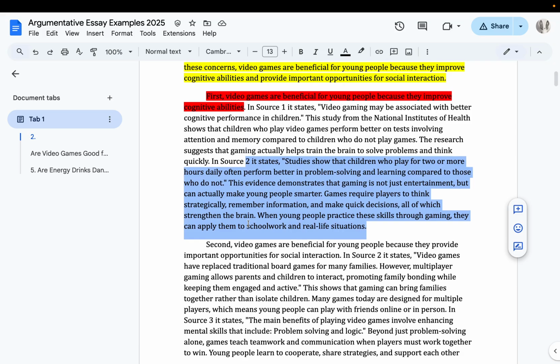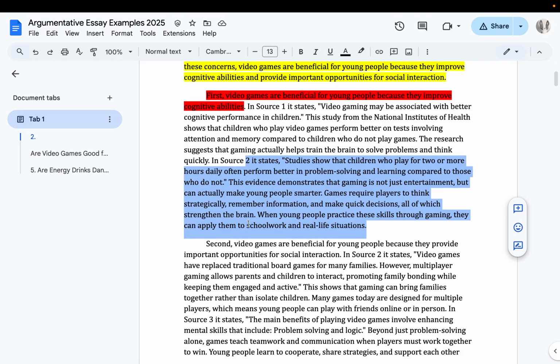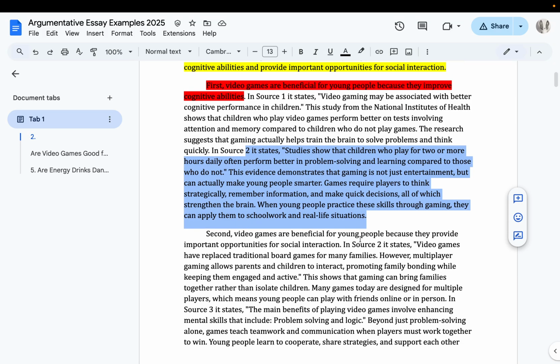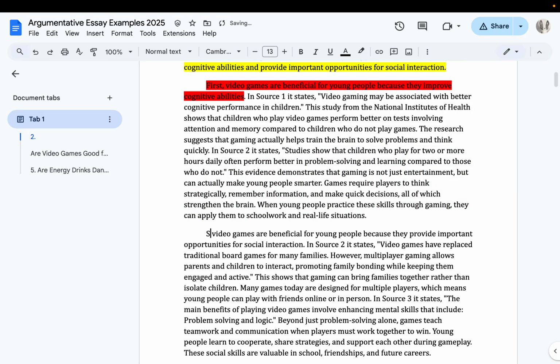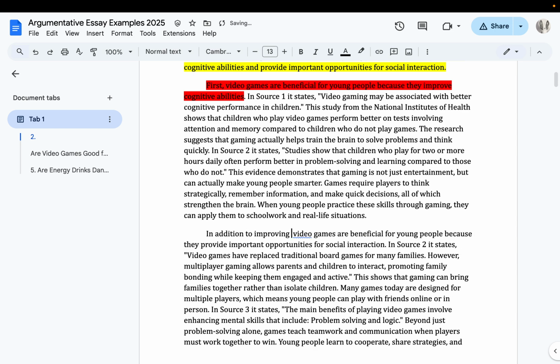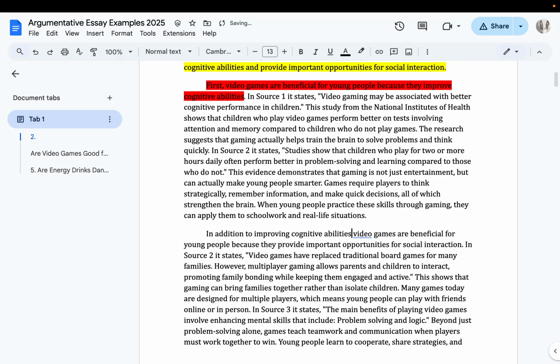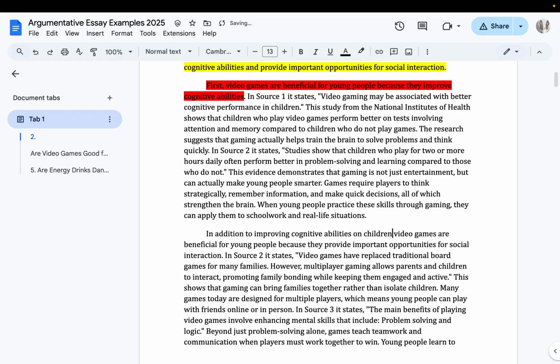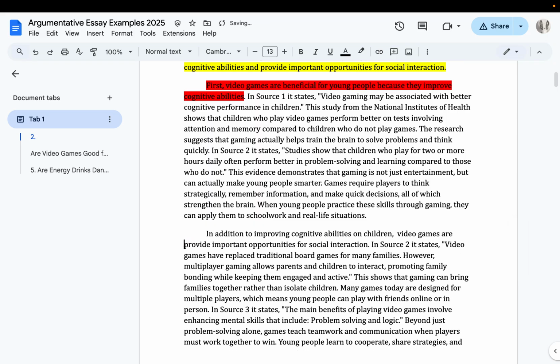Now, here, second, video games are beneficial for young people because they provide important opportunities for social interaction. One thing that I would have done here is, in addition to, I would have said, in addition to improving cognitive abilities on children, video games also provide important opportunities for social interaction.